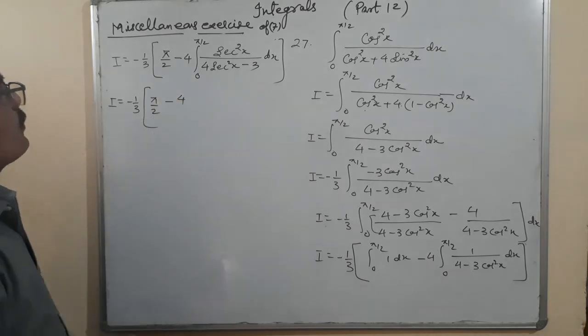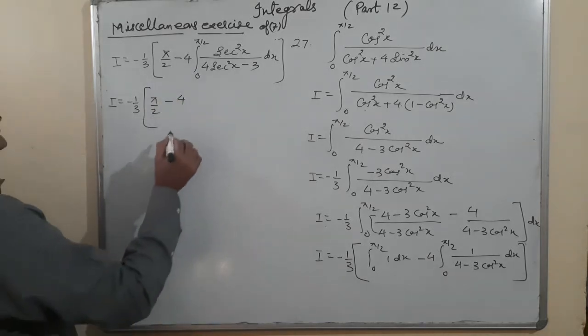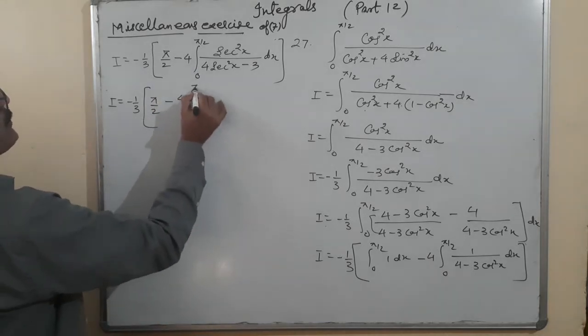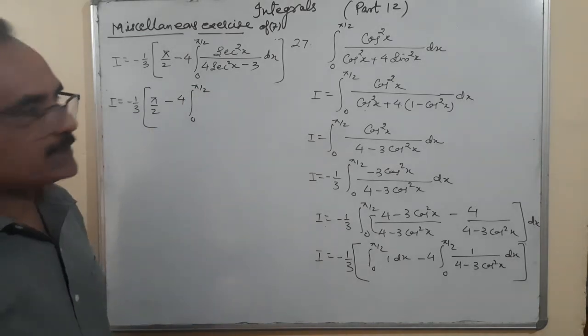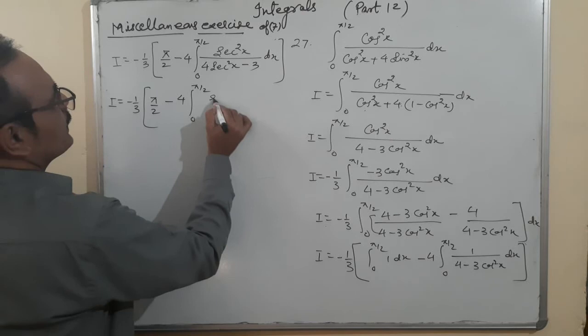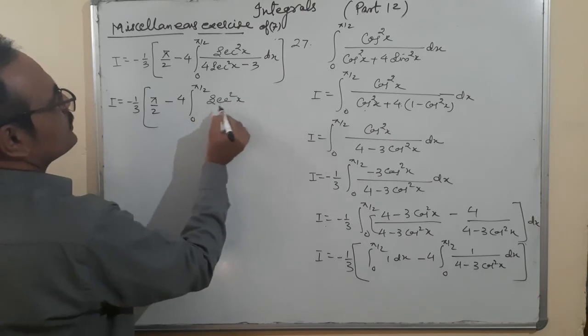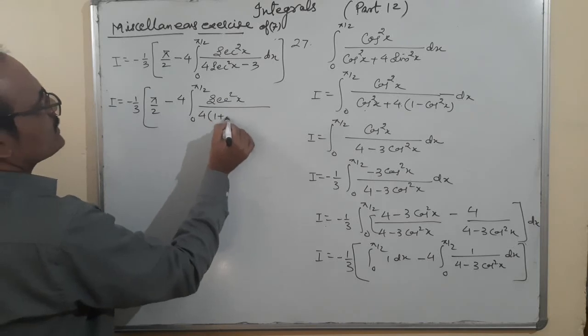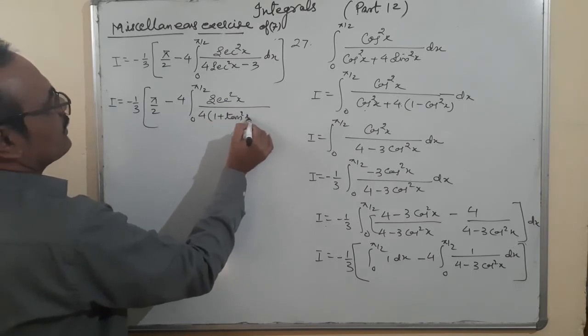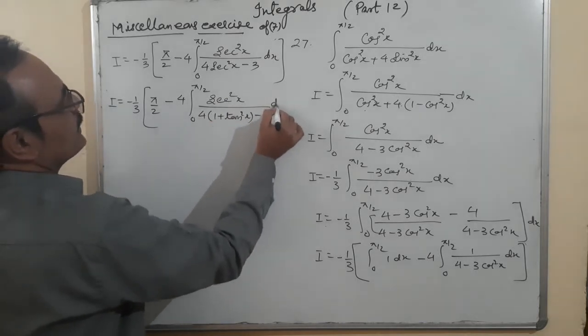Should I take 4 common? Just wait a minute. 0 to pi by 2. I'll take tan x is equal to t, sec square x dx is dt. So what I am doing here: sec square x remains as it is in the numerator, and 4 sec square x is 4 times 1 plus tan square x, minus 3, dx.